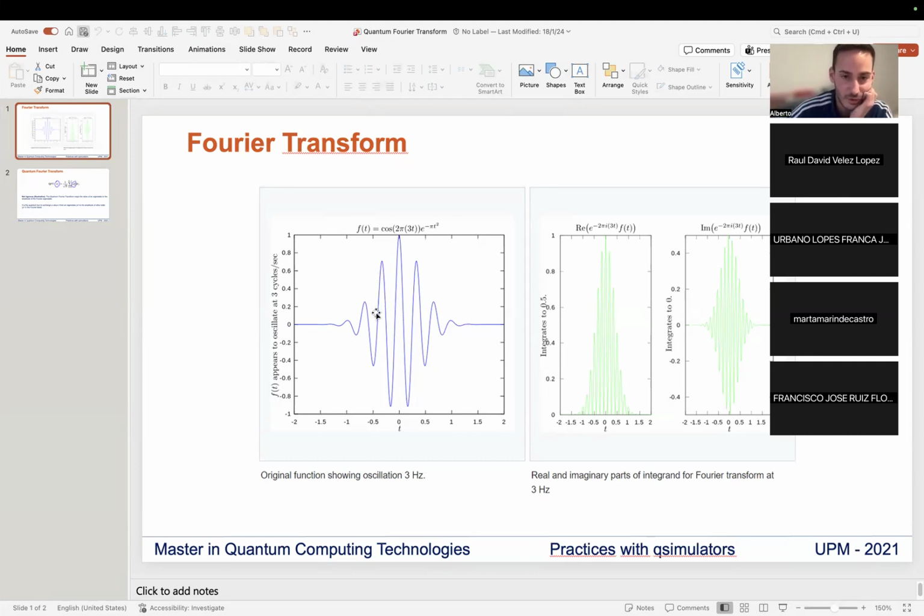It translates, it's a projector, okay? It translates one wave function into the elemental frequency wave functions. So you can decompose a very complicated wave function into the elemental wave functions.